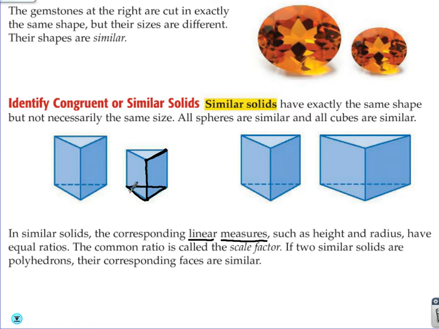Those are linear measurements. The length of a side, the perimeter. What about a radius? What if this was a circle? Could I measure the distance from here to the outside with a tape measure? Well, kind of. If it was a circle, yeah, you can measure that. All right. Those are all linear measurements.